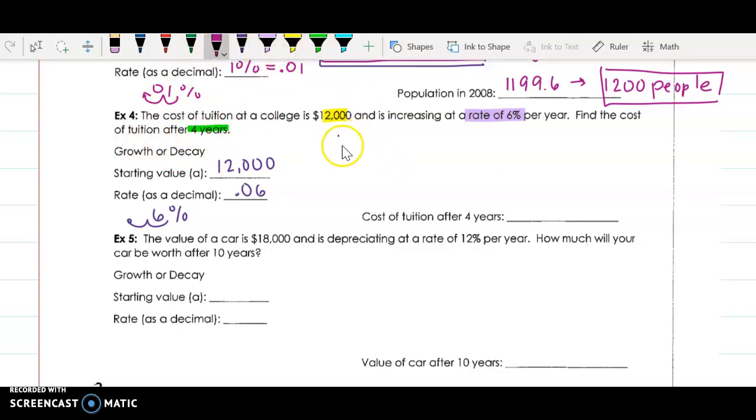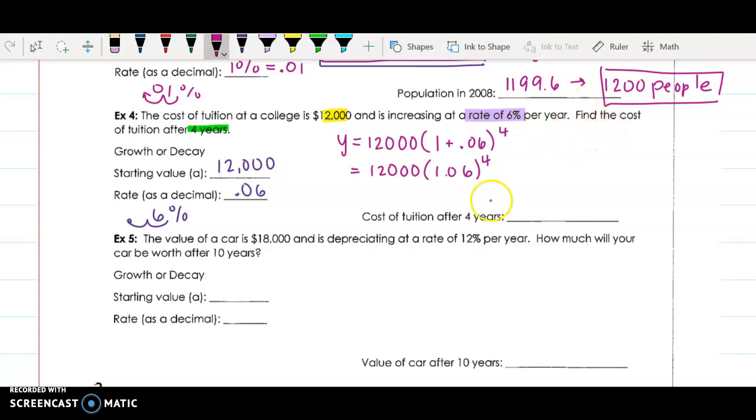So our function will be y equals 12,000 times 1 plus 0.06, plus because it's growth. And we were not asked to write a specific function. We can just go ahead and evaluate for 4 years. So 12,000 times 1.06 to the 4.